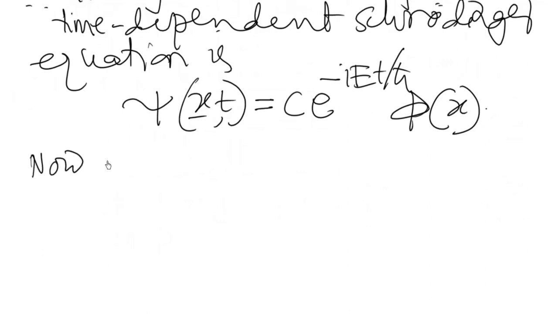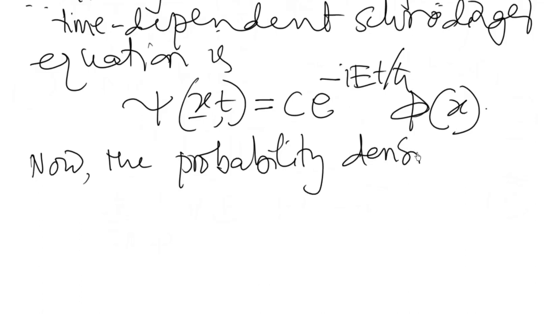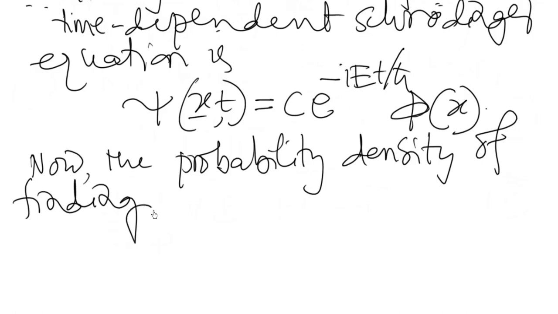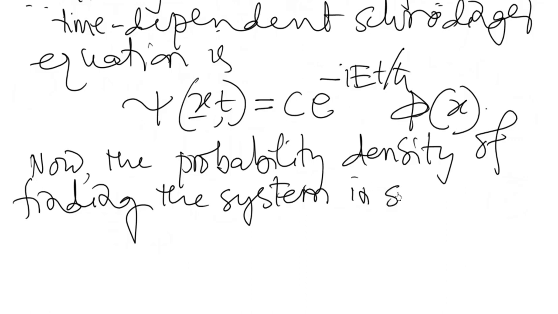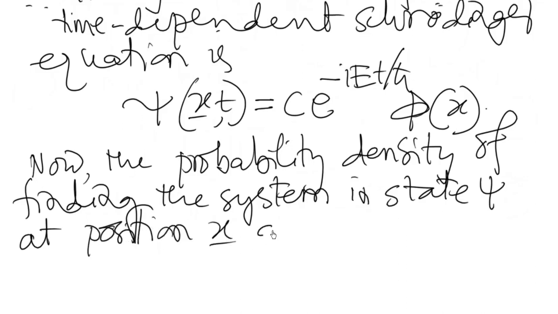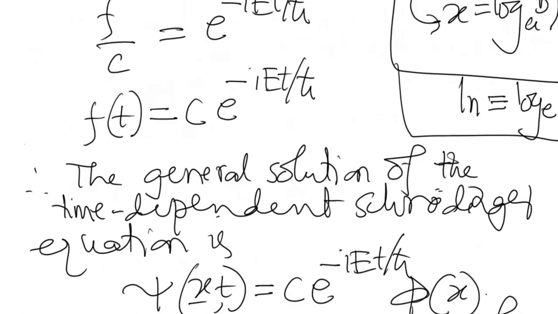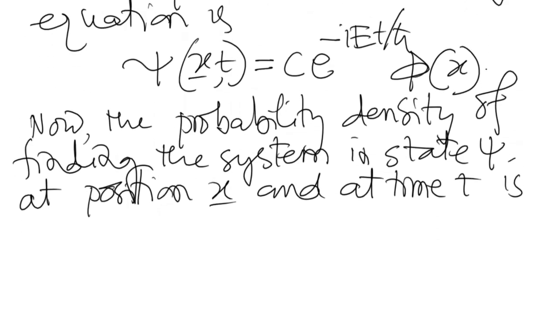Now the probability density of finding the system in state psi at position x and at time t is, which is, we know, modulus of wave function squared.